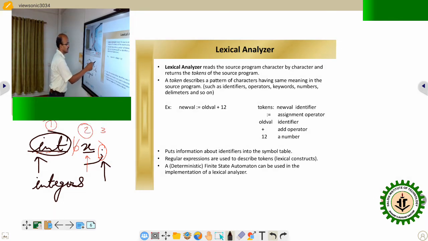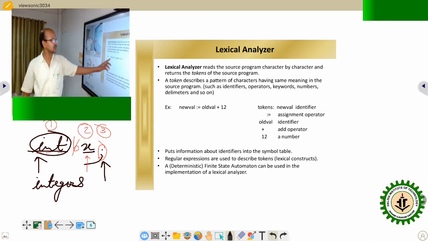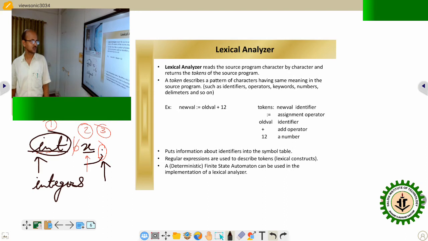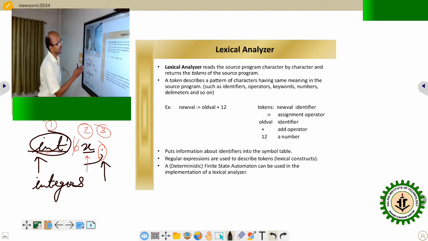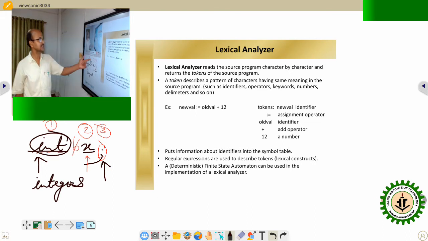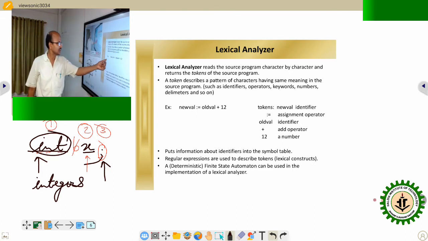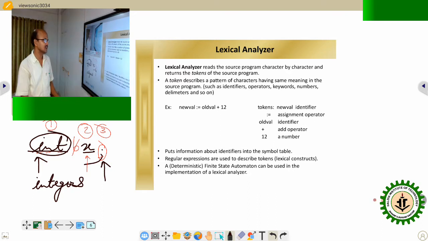Take the example here: new value is equal to old value plus 12. By reading the characters from left to right, the lexical analyzer recognizes that when new value and then the assignment operator appears, we have completed one pattern. Basically this is pattern matching.